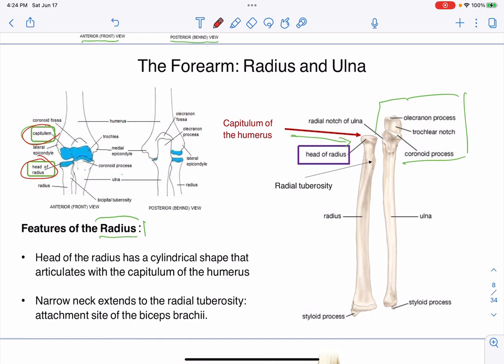So take some time to make sure that you understand how this joint is coming together, what parts of the humerus are articulating with the ulna, and which parts of the humerus are articulating with the radius.